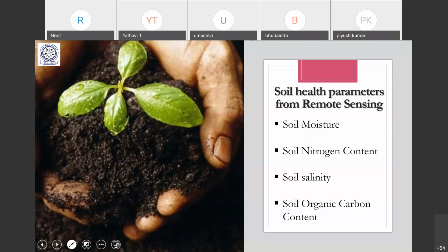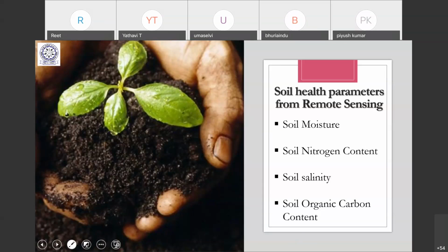These are the important parameters that we are trying to measure using the remote sensing microwave data. Soil nitrogen content is still under investigation, because nitrogen content is a very dynamic parameter and it changes overnight also. Suppose today I put some fertilizer, the nitrogen content will increase, the next very day it may decrease.